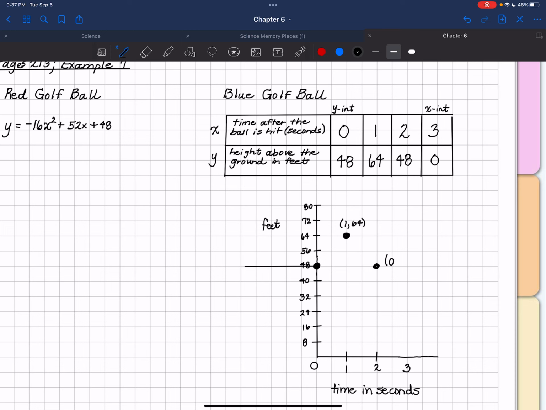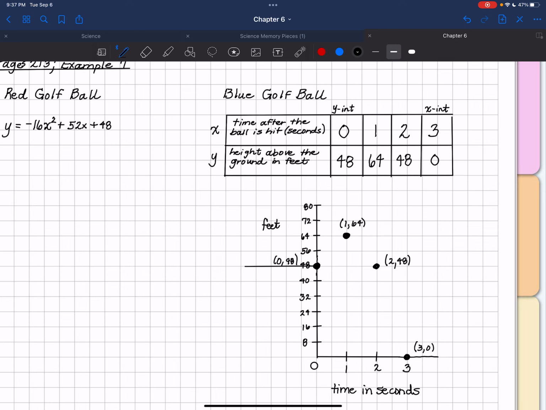So it was 48 at this point. Here was 48. And then at 3 seconds, the ball is at 0 feet.